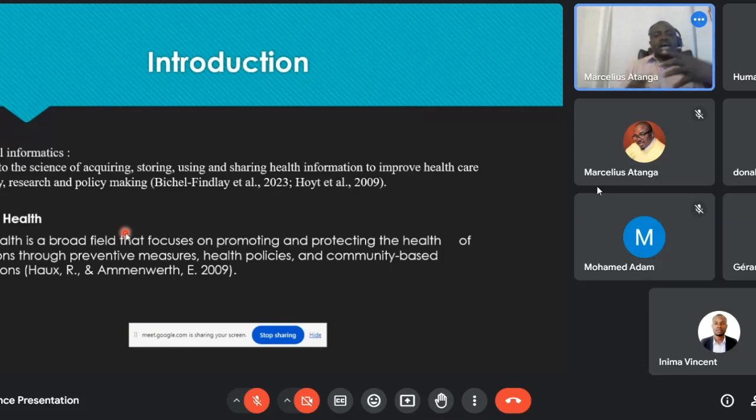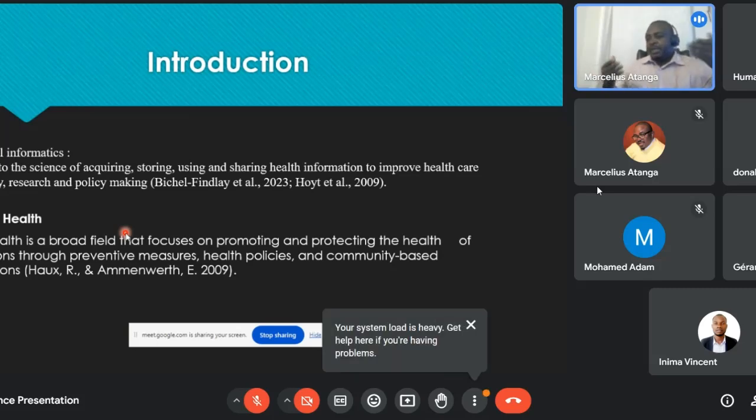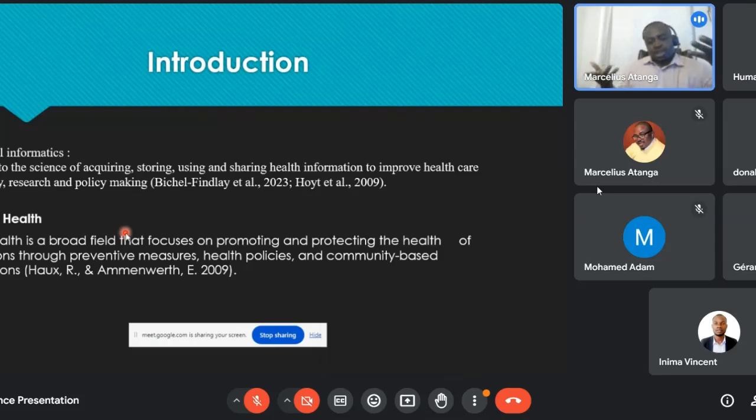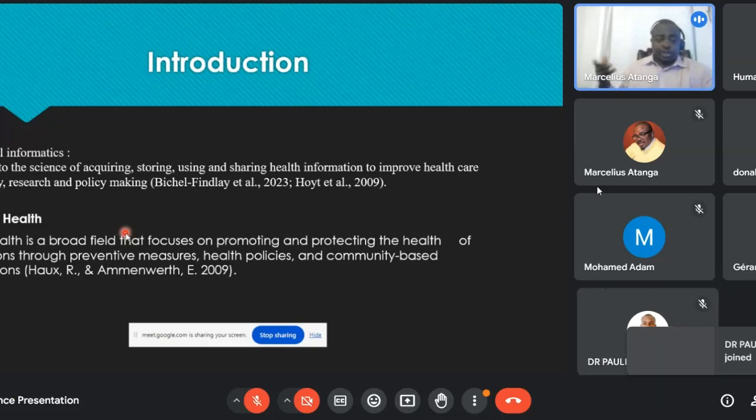medical informatics refers to the collection, storage, protection, and processing of information with several goals, some of them to improve healthcare deliveries, to advance research, to help states, institutions, and organizations in policy making.